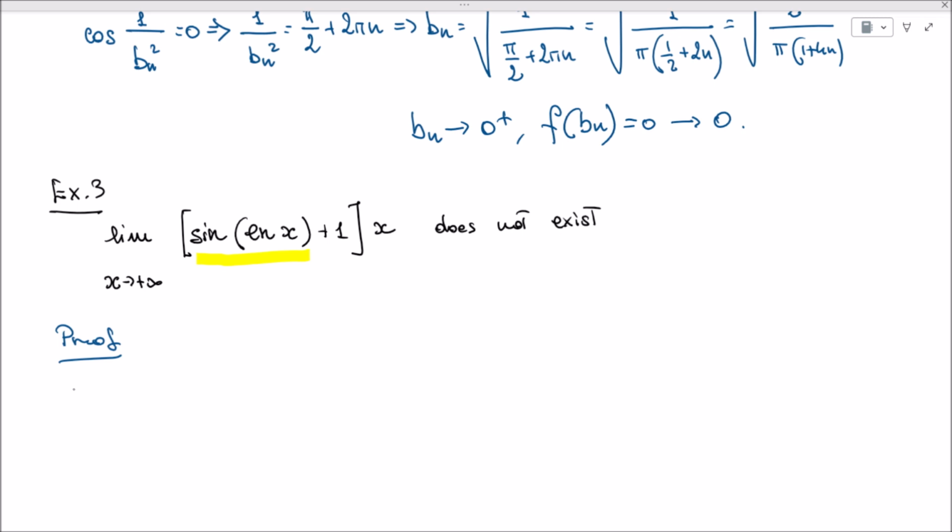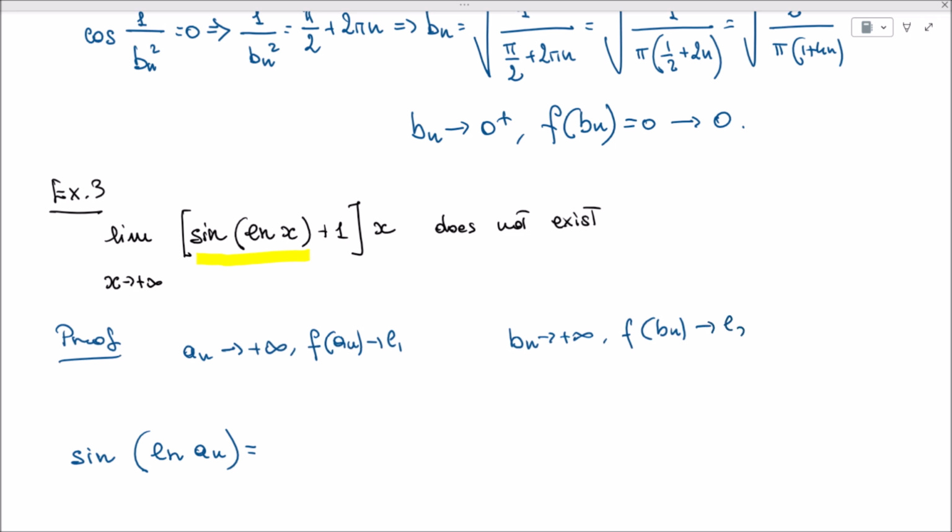Let me make the usual statement. We need to find an that will go to plus infinity and bn that will go to plus infinity, such that f of an will tend to L1 and f of bn will tend to L2, with L1 different from L2. Usual process, okay?